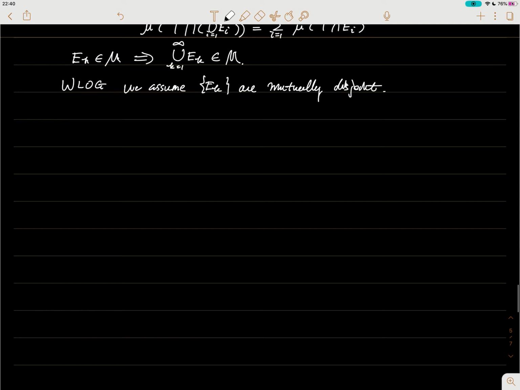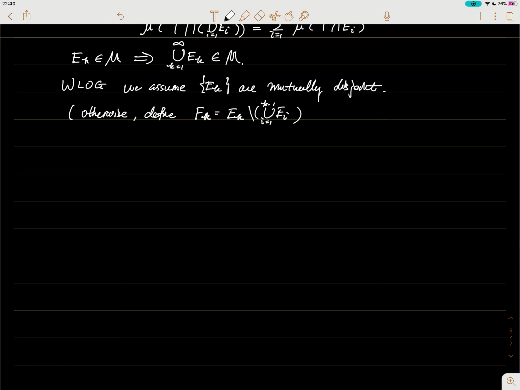The reason is, if they are not mutually disjoint, we can just define, say, Fk to be Ek minus all the previous Ei's, for i from 1 to k minus 1. So this is everything in Ek that has not appeared in the previous E's.